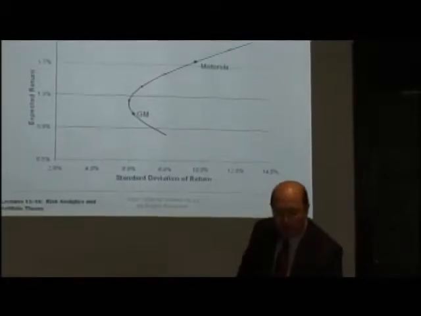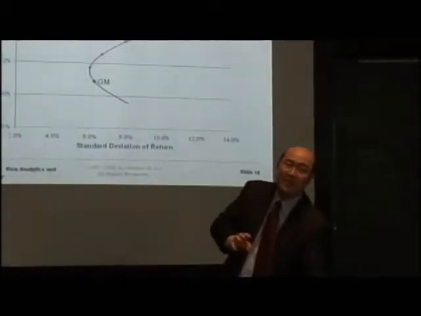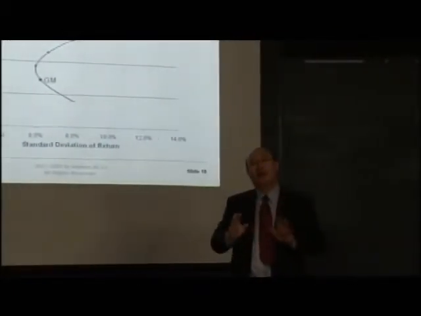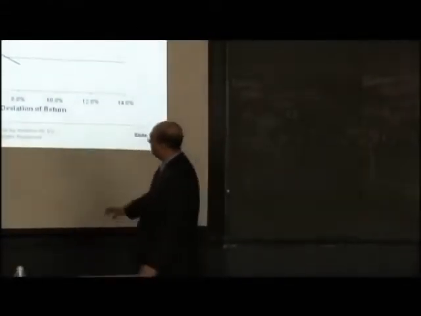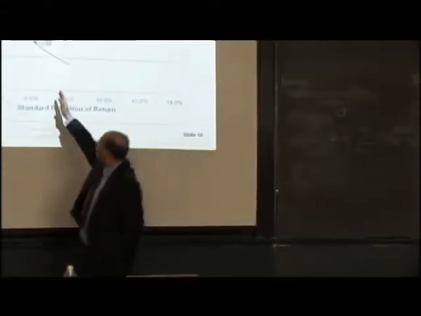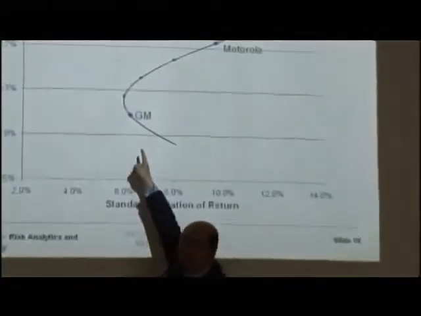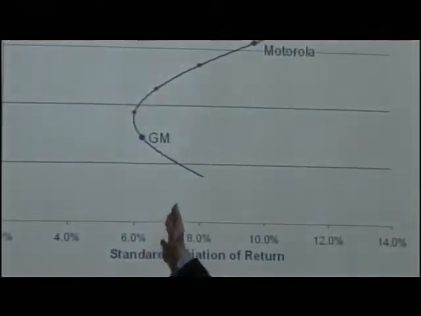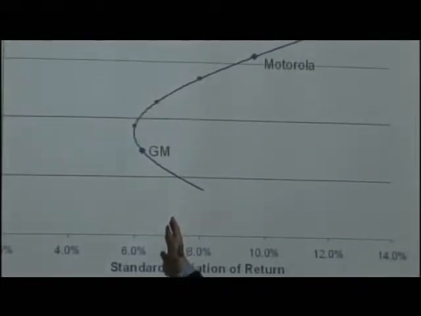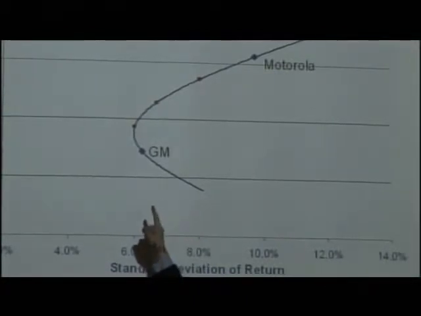And by the way, this correlation and this bullet shape is really important, okay? I'll tell you why it's really important. Take a look at a vertical slice, a vertical line going through the GM dot, okay? That vertical line is the riskiness of GM, right? It's the standard deviation of GM.